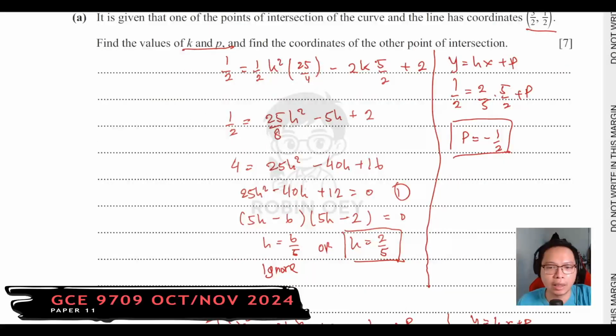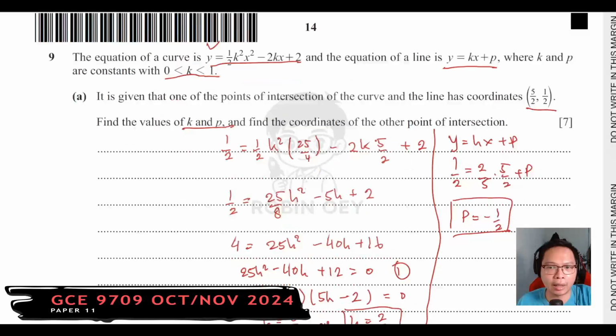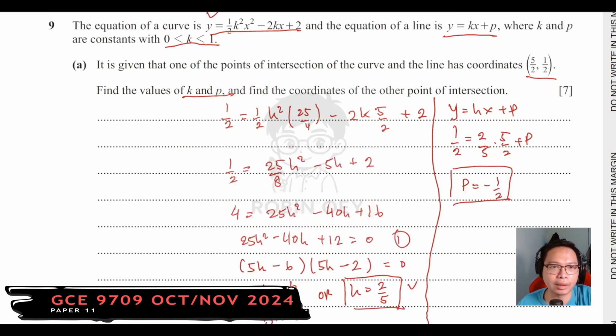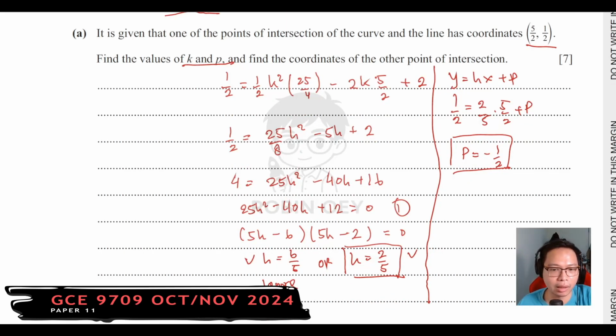Once we get the k, be careful because we have 2k. One is 6 over 5, the other is 2 over 5. The condition that is given to us is that the k must be in between 0 and 1. So we ignore the 6 over 5. We stick to 2 over 5.